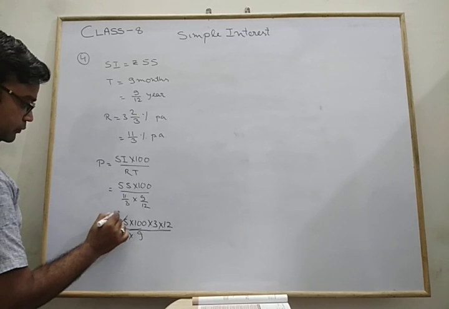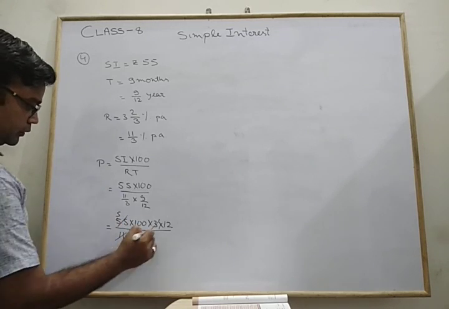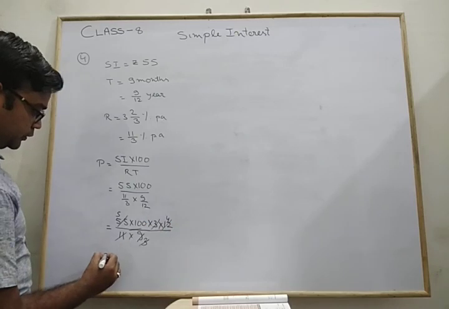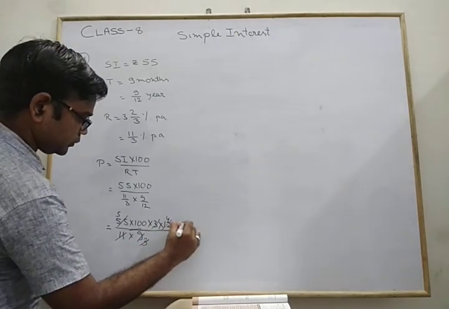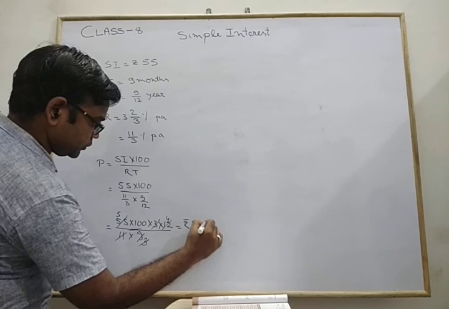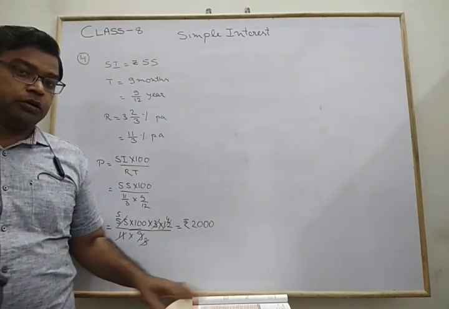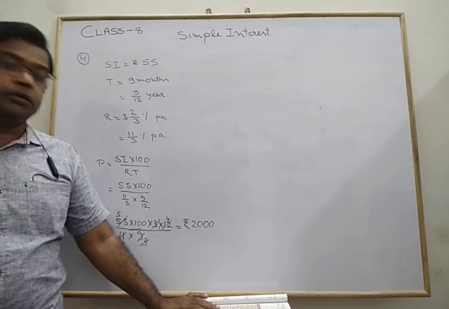Eleven fives are 55, 3 threes is 9, 3 fours is 12, it's rupees 2,000. This is your answer. Now I am going to discuss new question number 7.